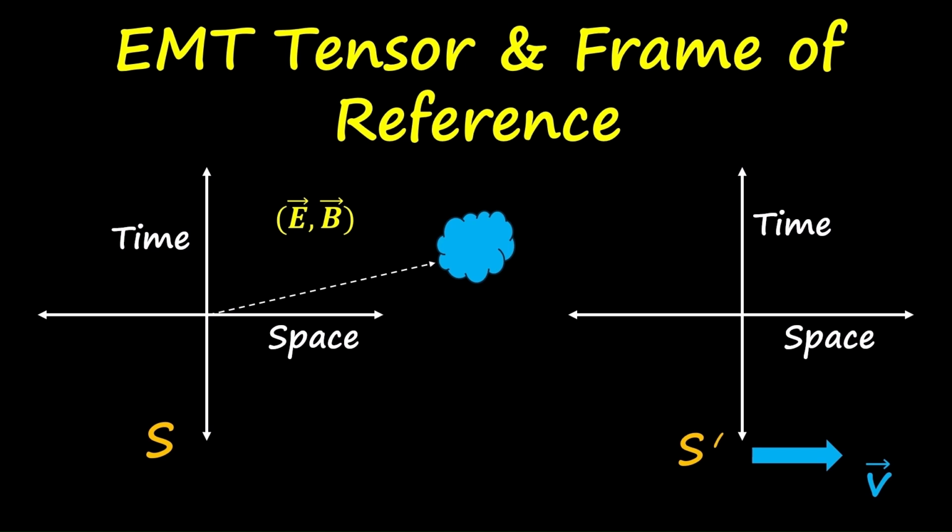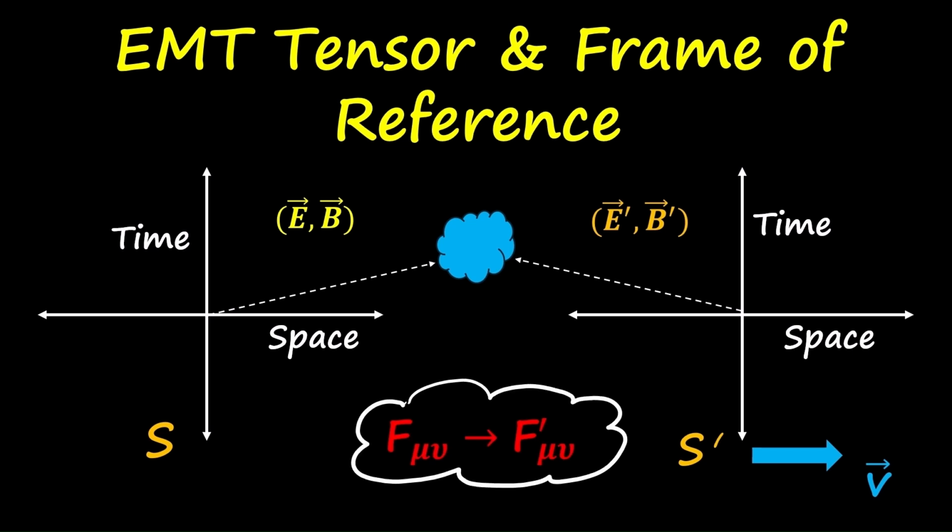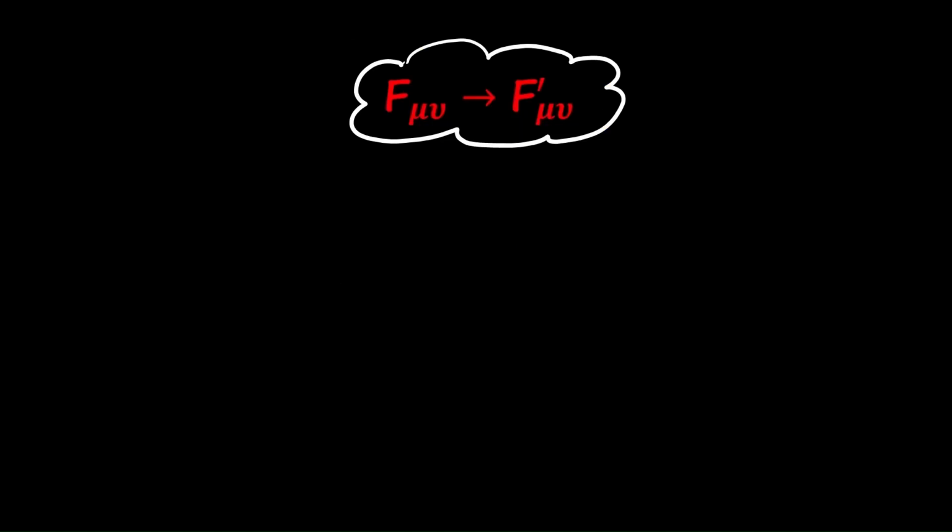But if you switch the frame, that is, you are observing from the S prime frame of reference, then you'll get a new set of electric field and magnetic field. Now, the relation between these two sets of fields will be given by the transformation of the electromagnetic field tensor. The electric field and magnetic field transformation relations, which you see in undergraduate textbooks, are derived from this tensor transformation.